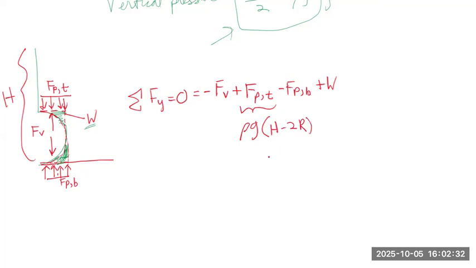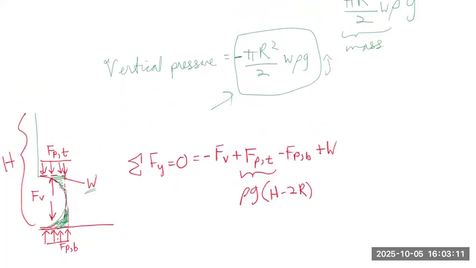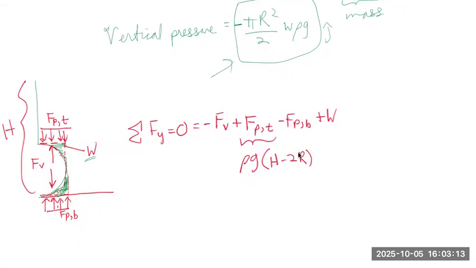And then we want the horizontal projection of the area, which is going to be RW, because looking at this from the top, the horizontal projection of the area is R and then W. So the area is RW.